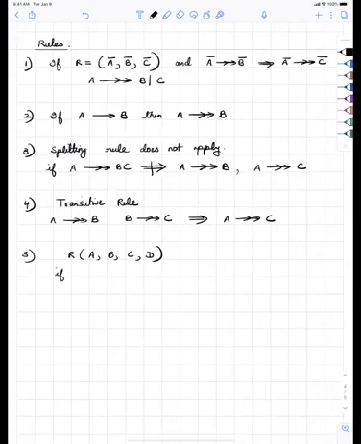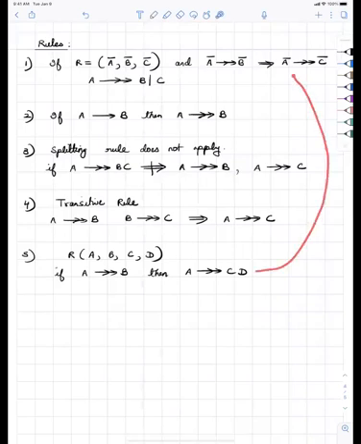If A multi-value determines B, then A multi-value determines C, D. This rule and the previous one are pretty much the same thing in my opinion, but I wanted to put it out there because sometimes people think that if you have D also in there, it doesn't work. I wanted to make sure that you understand that.